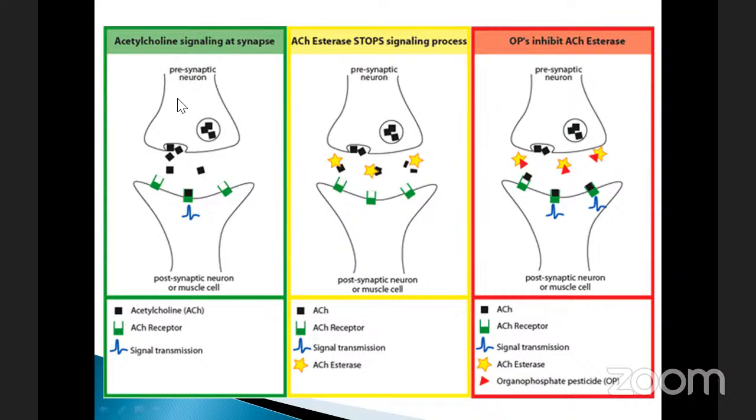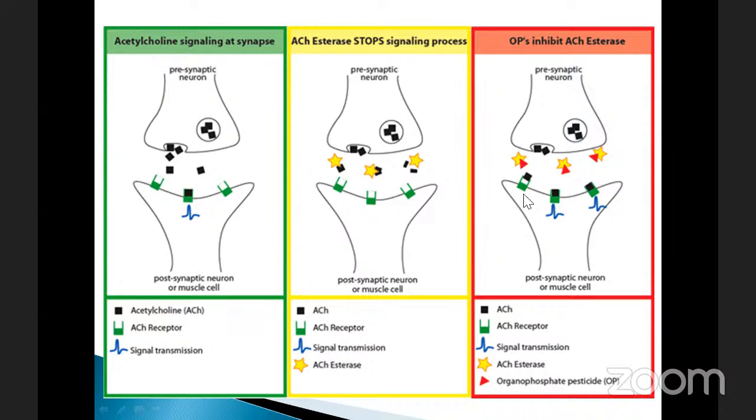This is a presynaptic neuron and a postsynaptic neuron. The acetylcholine will come and transfer by binding with the acetylcholine receptors. Acetylcholinesterase stops the acetylcholine when the activity rises. Acetylcholine can be neutralized with acetylcholinesterase.